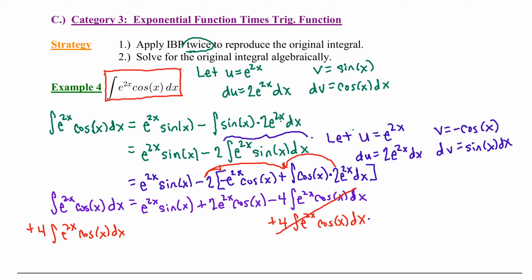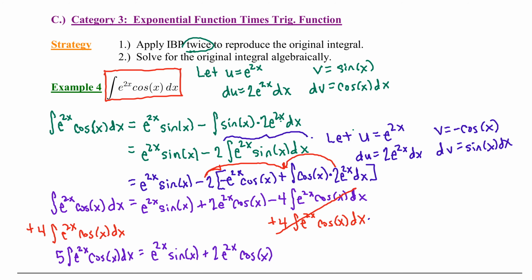Now simplifying over here on the left, we have one integral of e to the 2x cosine of x dx plus 4 times that same integral. So when we add those together and combine like terms, we have 5 times the integral of e to the 2x cosine of x dx. And what's left over here is e to the 2x sine of x plus 2e to the 2x cosine of x. Now we're almost there.